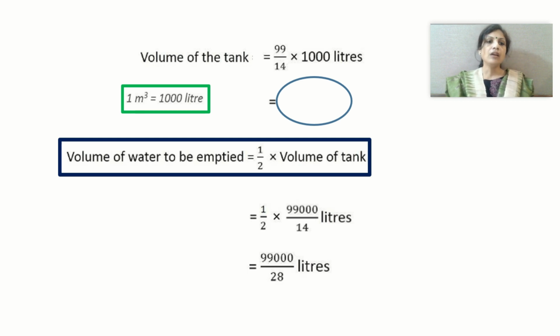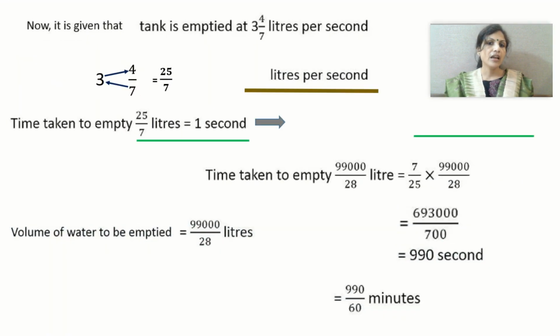Now see, we have been given that the tank is emptied at 3 4/7 liters in 1 second. So in 1 second, 3 4/7 liters of water the pipe is taking out. Let's convert this mixed fraction into an improper fraction first. 3 into 7 is 21, and 21 plus 4 gives you 25 upon 7.